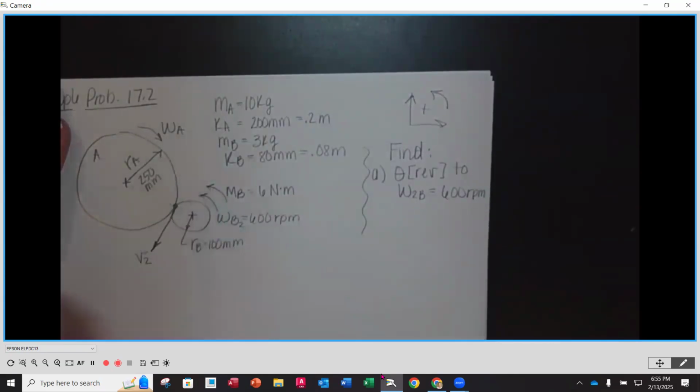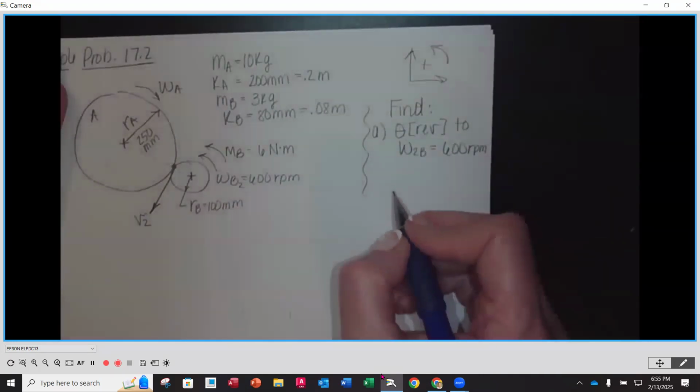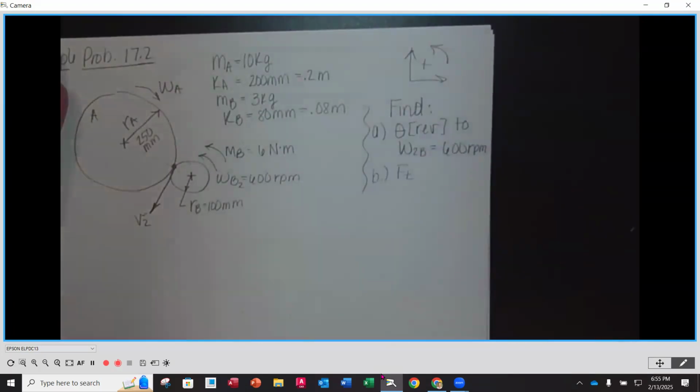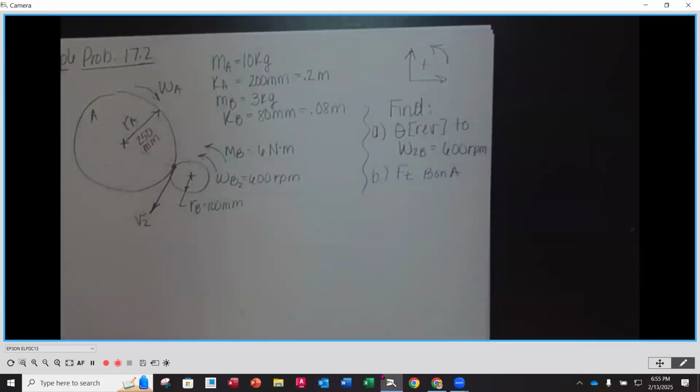We're going to be applying that moment or that torque of 6 newton meters. And we want to know how many revolutions to get to 600 RPM. And that'll be the omega_2, if you would, of our gear B. And then the second part of this is going to be the tangential force of B on A. Okay, the tangential force. So we'll look at that in part B.